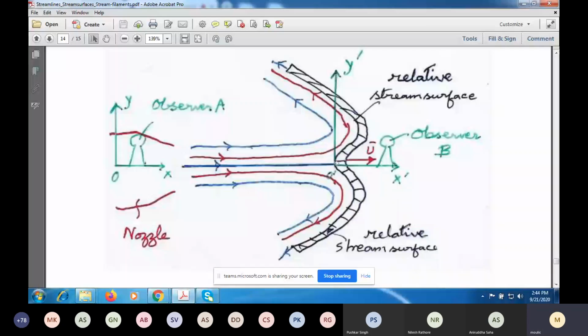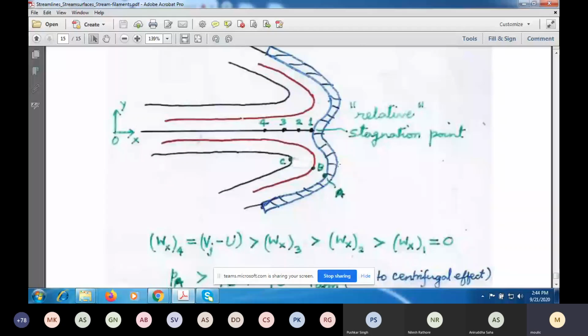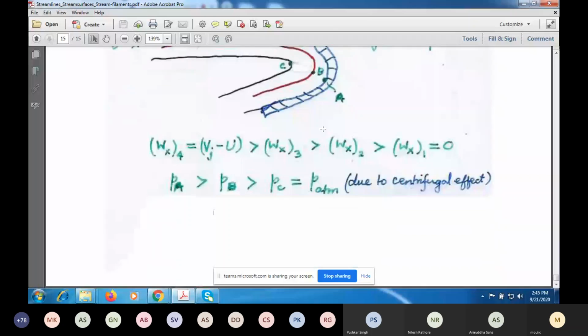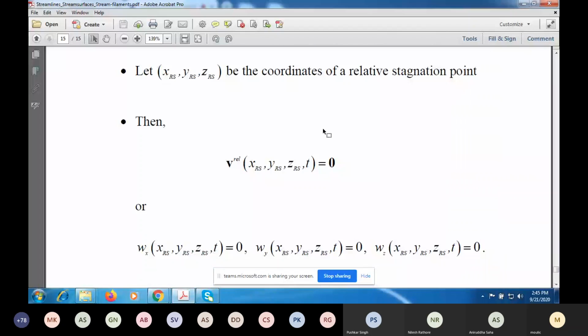So this point O prime here is what you may call a relative stagnation point. I've indicated it on this figure over here. All right, now any questions regarding this?